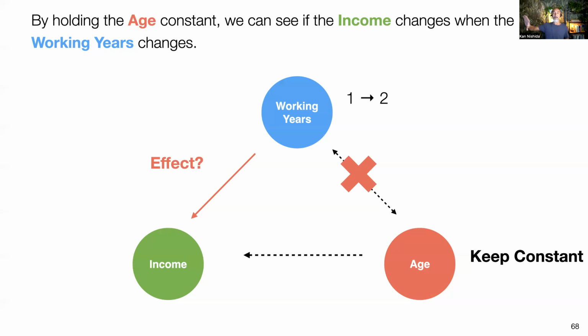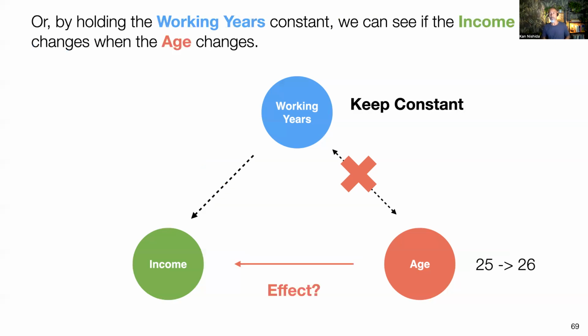When the working years change within a group of 40-year-old people, is there a difference in income or not? If there is, then obviously working years have some impact. And of course, what about the other variables not in this picture? Yes, of course, you can keep asking those questions as well. But at least if we're talking about this very simplified case of just working years, age, and income, then you can organize the relationship.